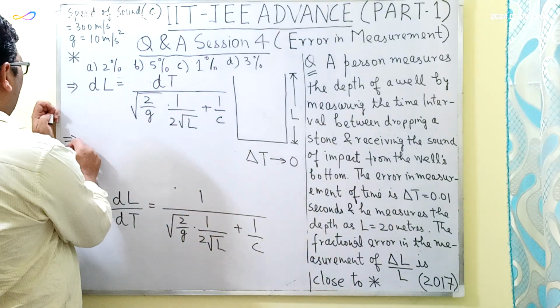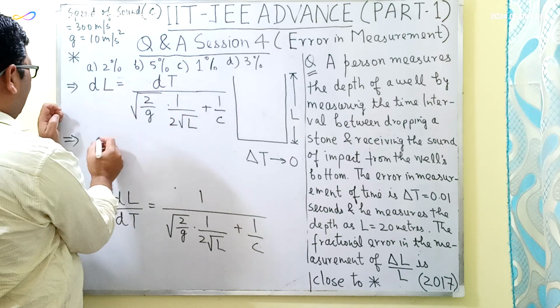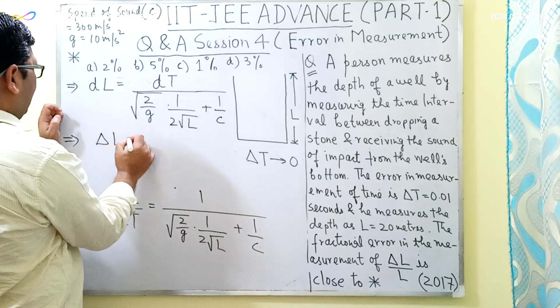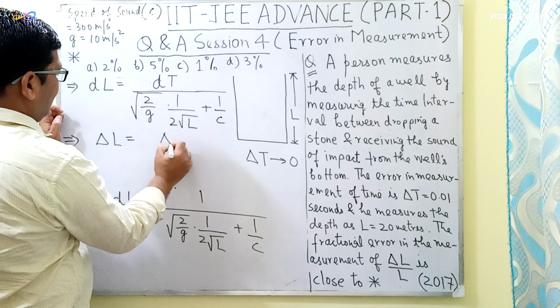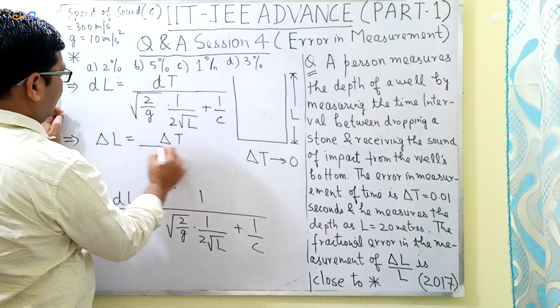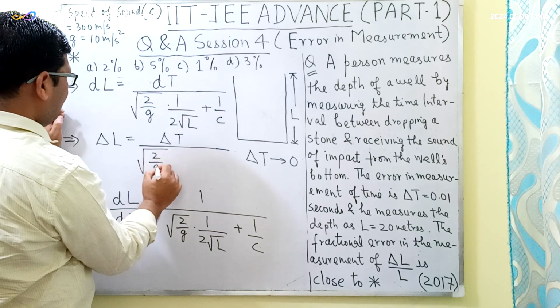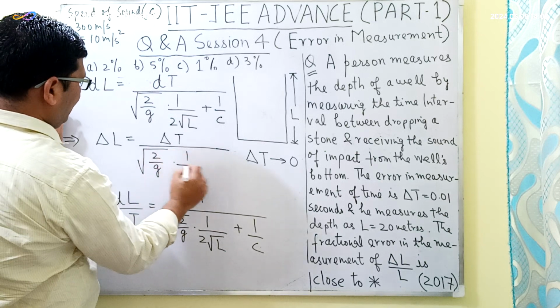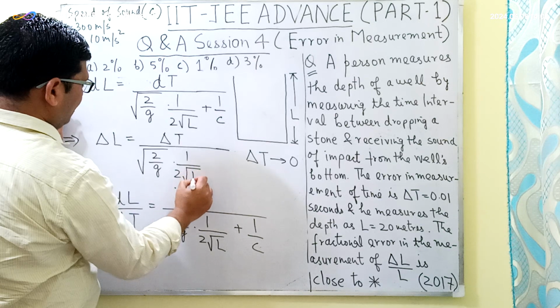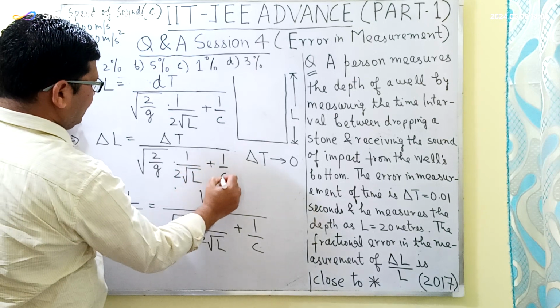So I can rewrite this equation as delta L is equal to delta t divided by under root 2 upon G into 1 upon 2 root L plus 1 upon C.